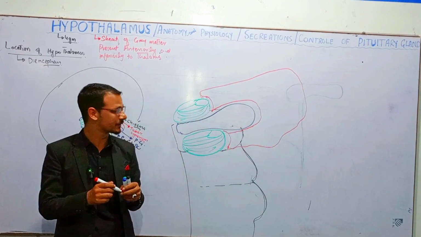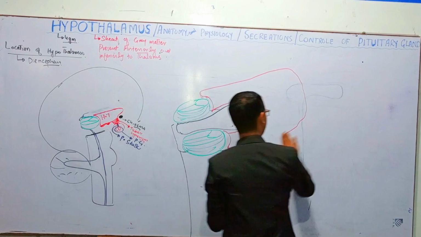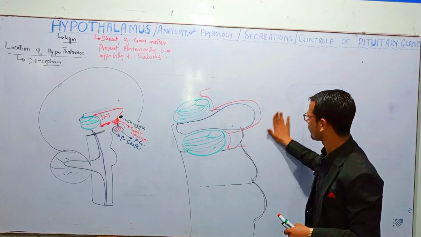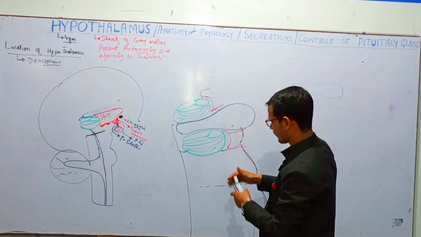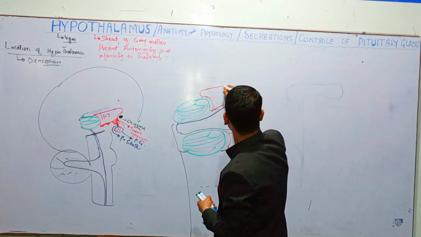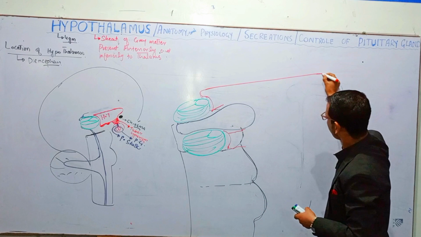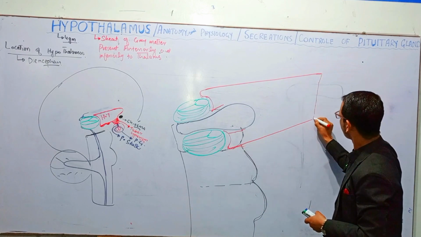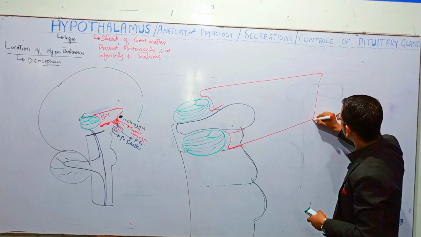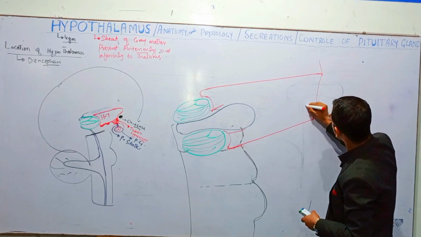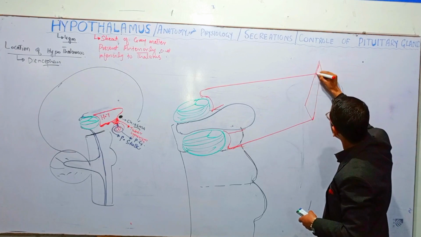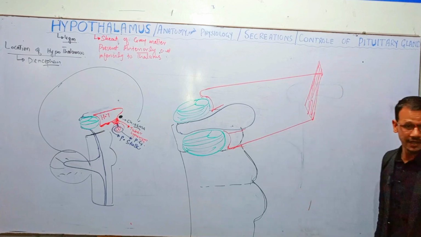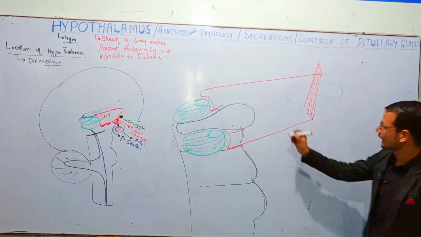The second definition, for example, I am making this in 3D. For example, this is the front wall of the hypothalamus, right?